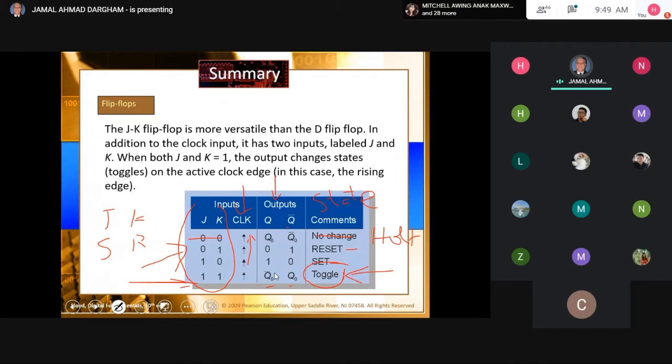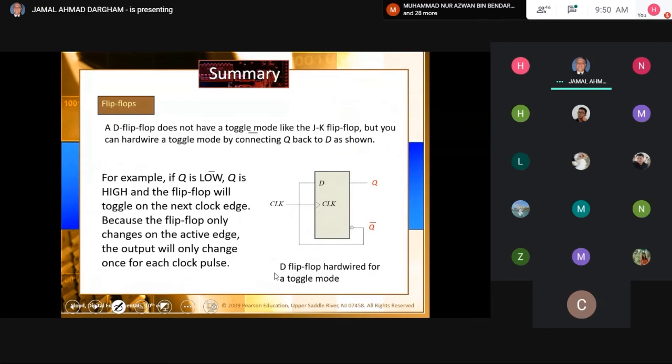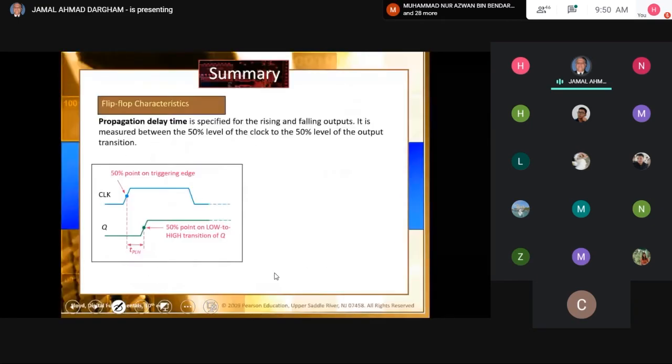This table, I remember it for all the 4 flip-flop, because very easy to remember, and from it you can obtain everything else. I can obtain from it the characteristic equation. I can obtain from it the excitation table. Any question?